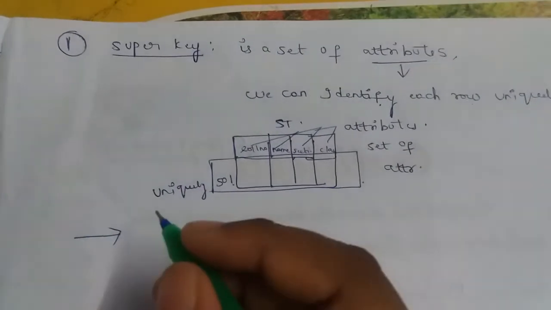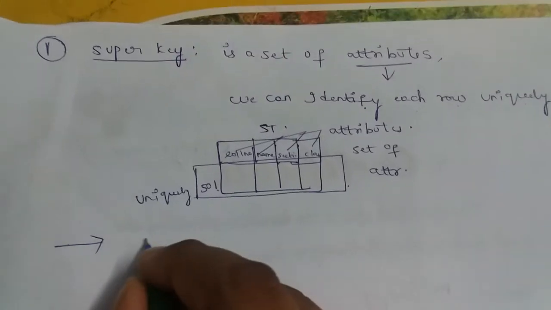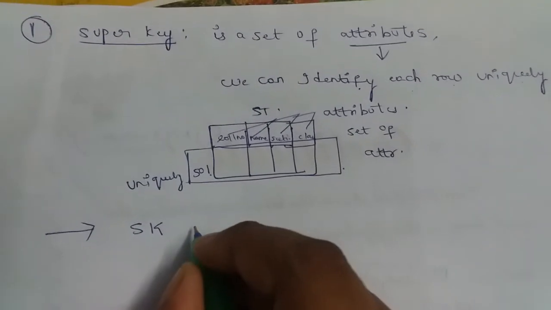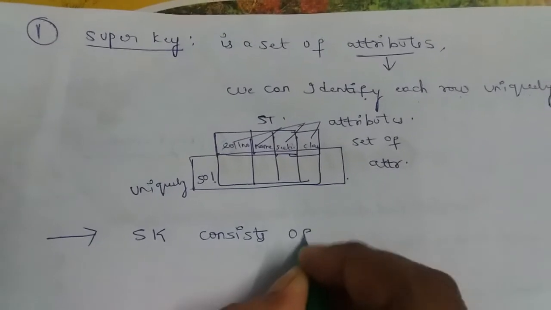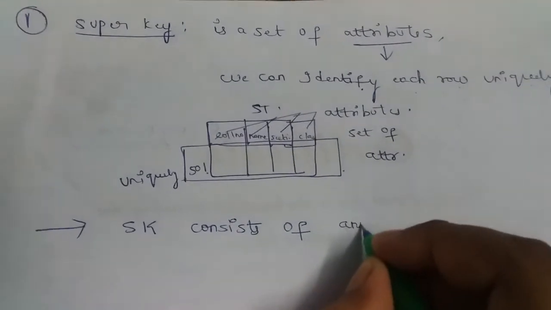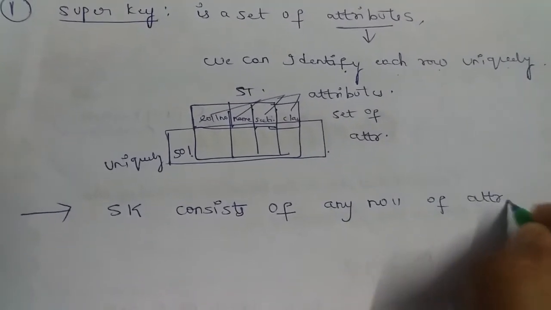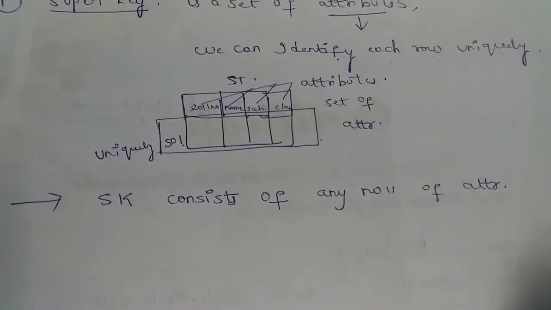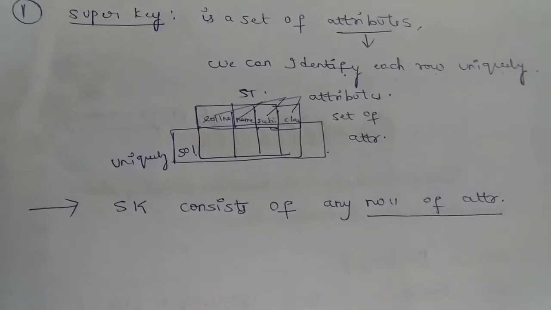Another point: a super key consists of any number of attributes, not only a single one, but any number of attributes.